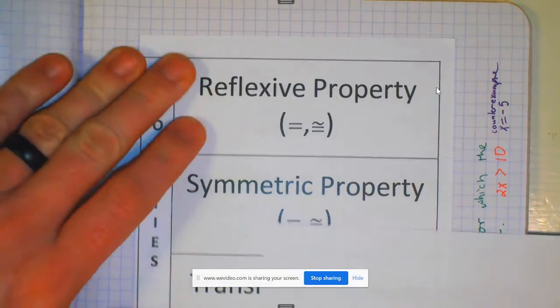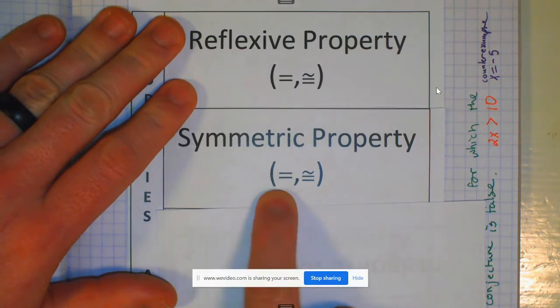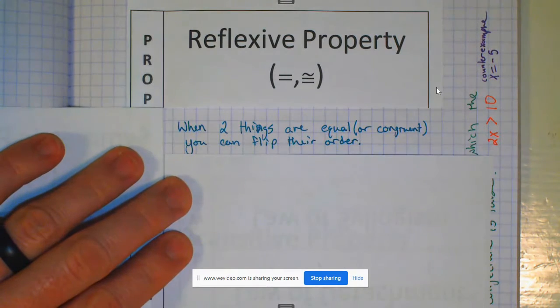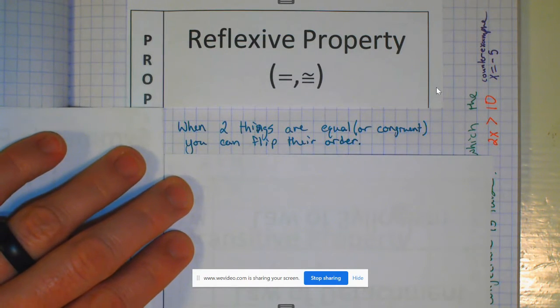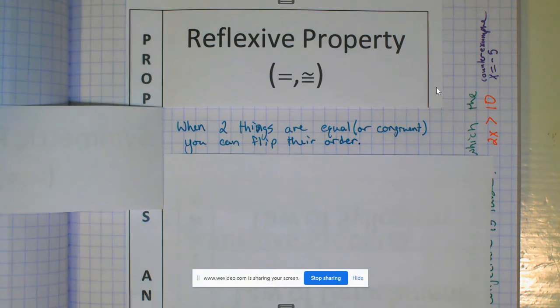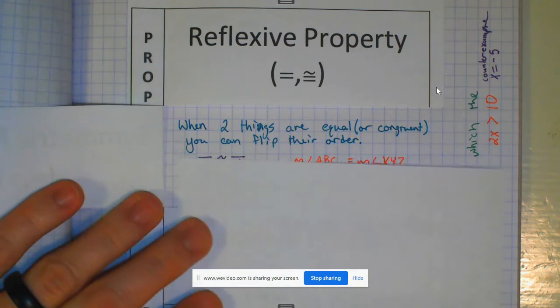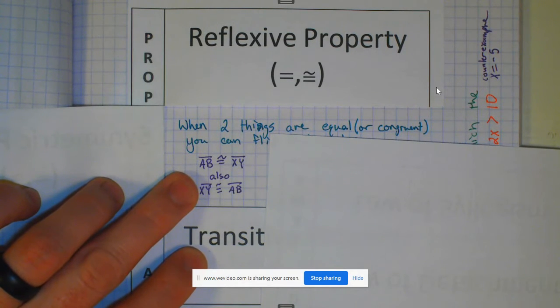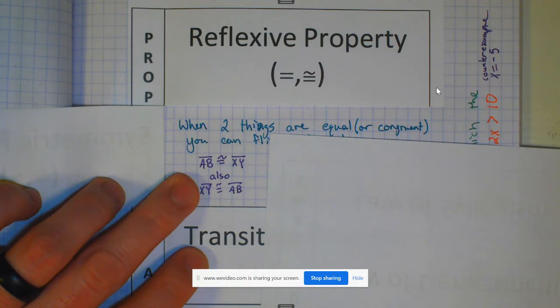The symmetric property, again, of equality or of congruence. The symmetric property is when two things are equal or congruent, you can flip the order, or you can rewrite them in a different order. Some examples we have of that are if segment AB is congruent to segment XY, I can change the order of that.